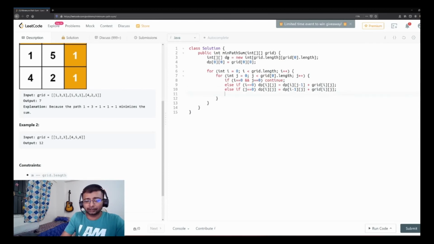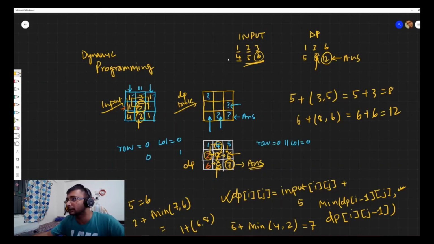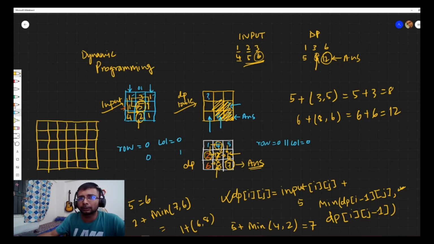Okay, and for everything else, this part that I am marking here: for any size array, if you remove the row and the column, say if I have a bigger dimensional matrix, these become my base cases, where i equals 0 or j equals 0.